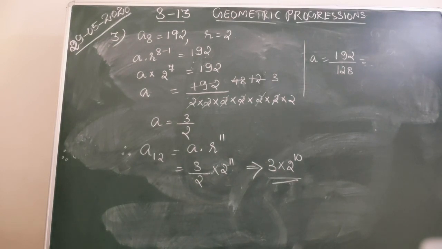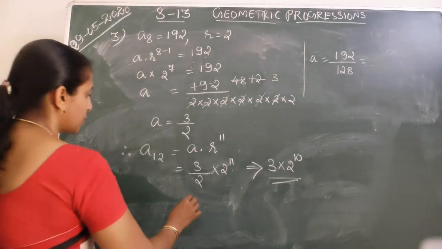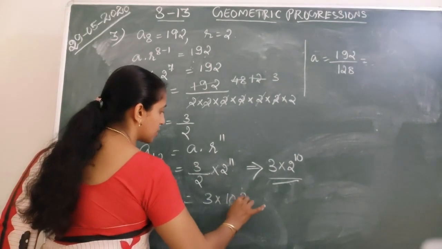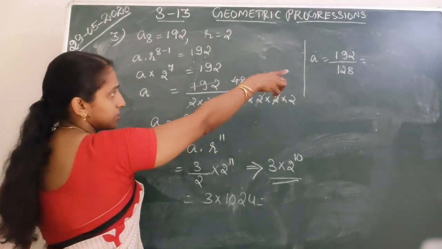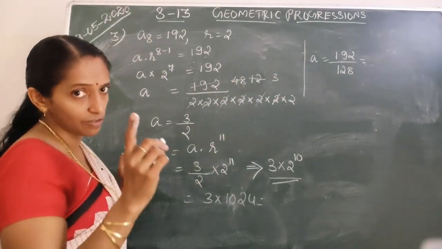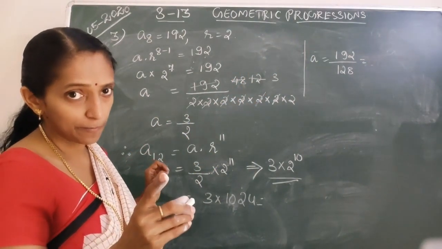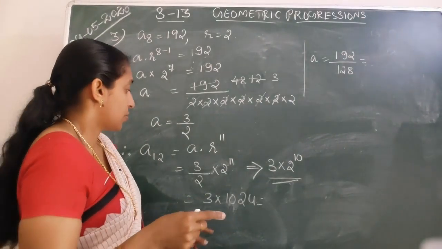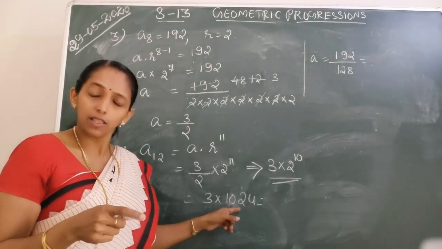2 to the power 10 is 1024. Those who need 3 into 1024, find the answer. As 2 to the power 7 is 128, 2 to the power 8 will be 256, and 2 to the power 9 will be 512. So 2 to the power 10 will be 1024.